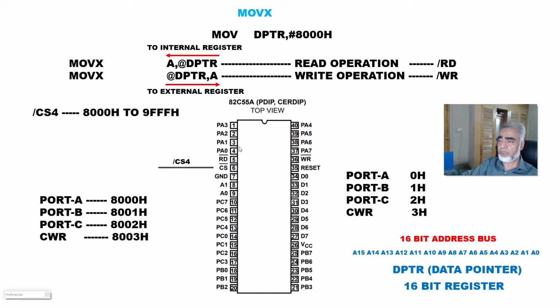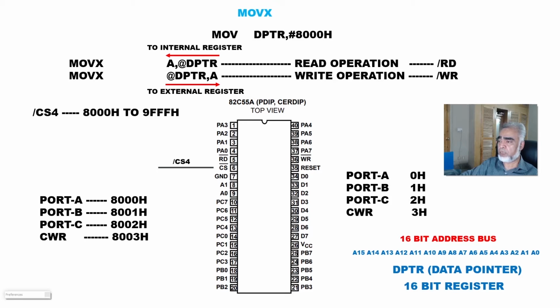As we have connected the chip select signal of the 8255 device with the chip select 4, and we have learned that the range of the chip select 4 is from 8000H to 9FFFH. It means 8000 addresses, from 8000H to 9FFFH. In this case, the address for port A will be 8000H, the address for port B will be 8001H, the address for port C will be 8002H and the address for the control word register will be 8003H.